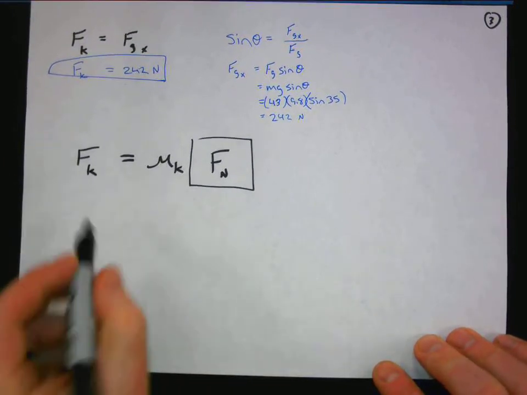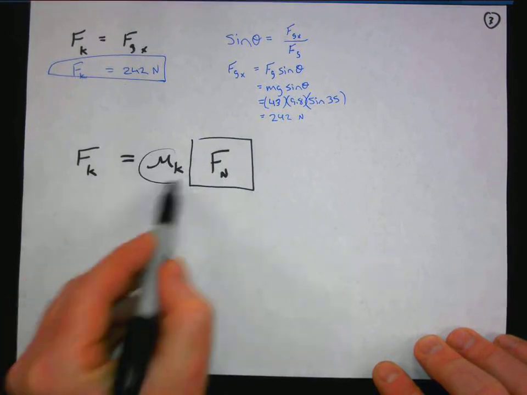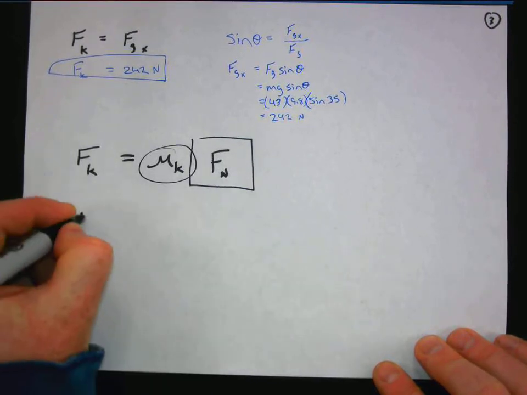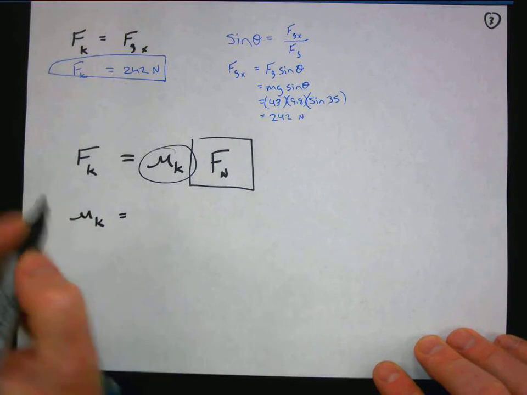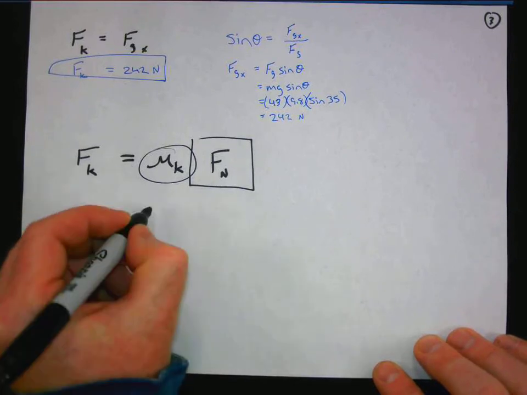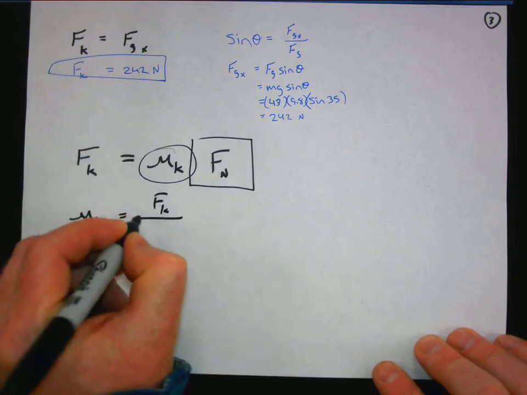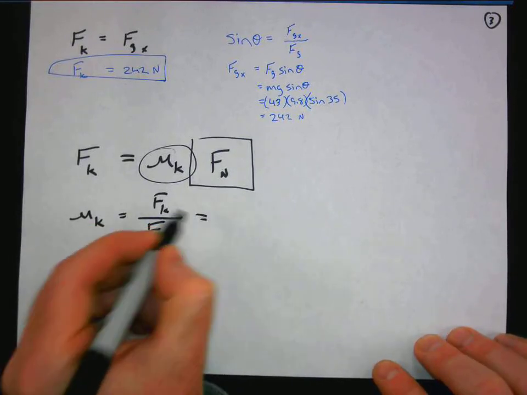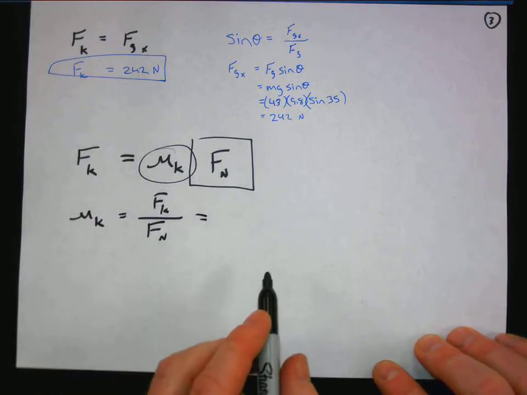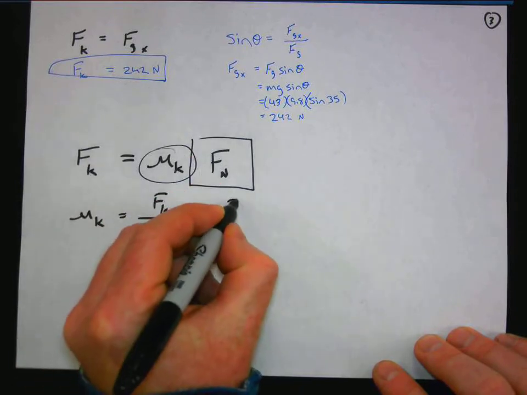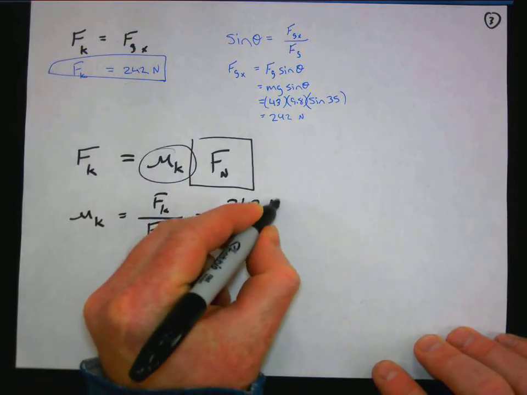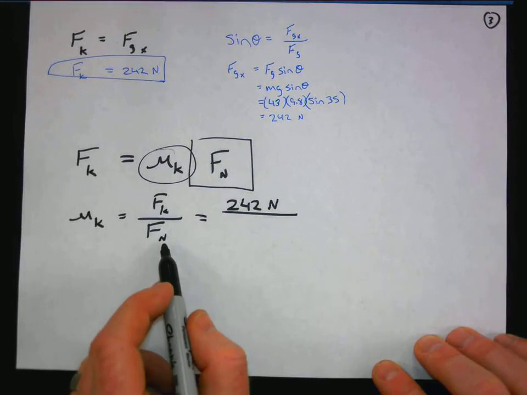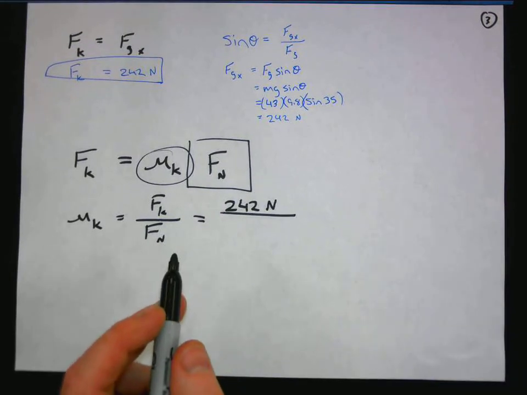However, it's our goal to find the coefficient. So I'm just going to rearrange this equation. The coefficient of kinetic friction is going to be equal to the force of kinetic friction divided by the normal force. And so I know the amount of kinetic friction force. I just found that up here, 242 newtons. And I know the normal force. I found that here.